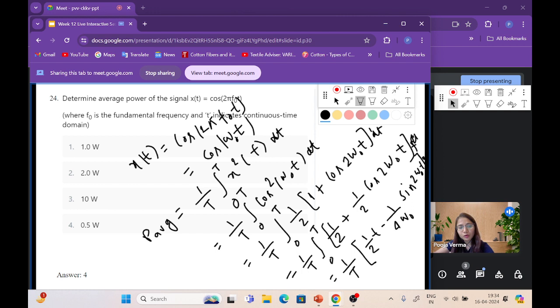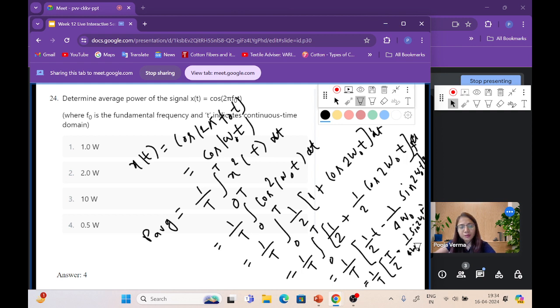Now if we further put the values of T, then we get 1 by T in brackets, T by 2, and 1 by 4 omega naught, sine 2 omega naught T.